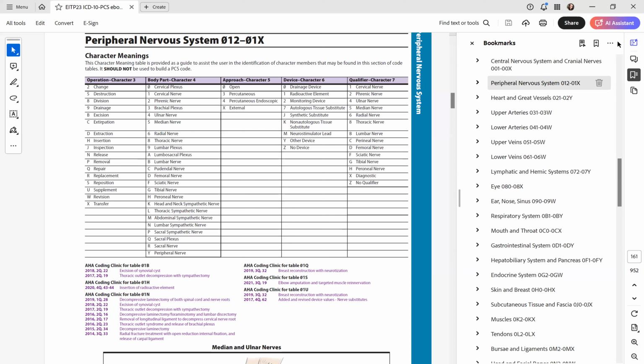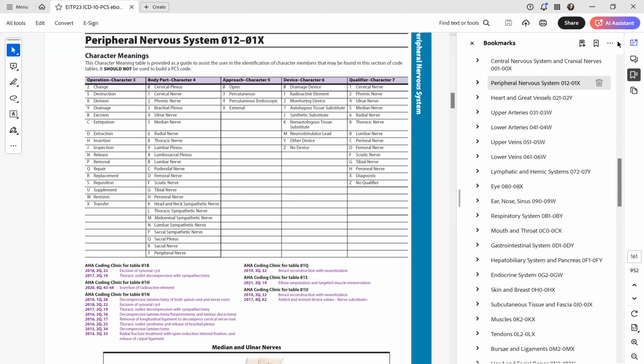And then the approach again is going to be the same four approaches: open, percutaneous, percutaneous endoscopic, and external. Those are our choices for character 5. Character 6, of course, we're getting into the specifics, right? In other words, with the device, what type of device is it? Is it a drainage device?